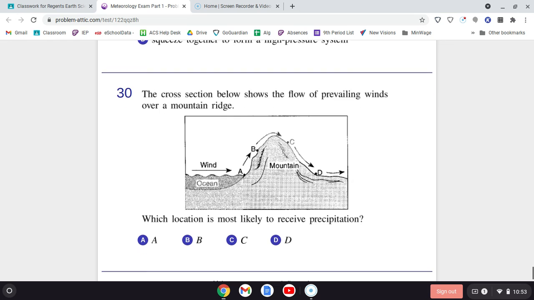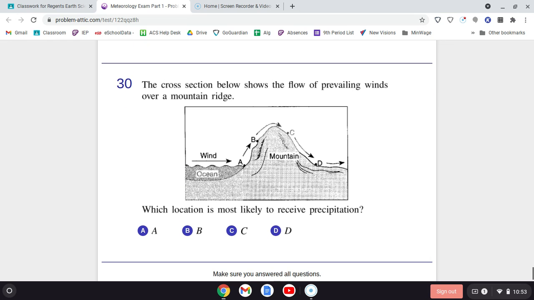And number 30. The cross section below shows the flow of prevailing winds over a mountain ridge. Which location is most likely to receive precipitation?